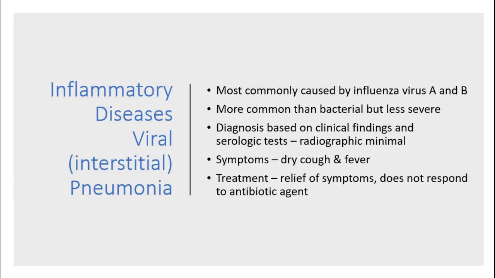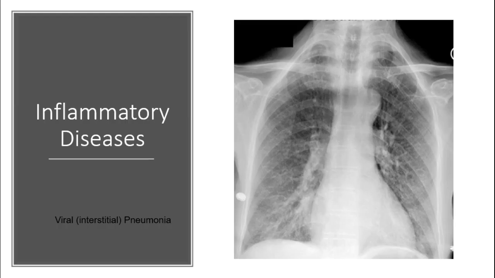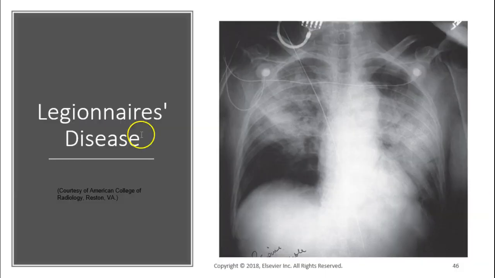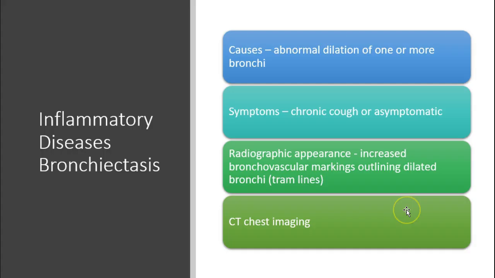So you usually have a dry cough and a fever, so we just relieve the symptoms, as it doesn't respond to any antibiotic treatments. All right, and this is what your viral pneumonia looks like. So just markings throughout. You don't have nice black lungs. All right, so you can see you have upper lobe here, right upper lobe. That's not good. Legionnaires, you can see another picture of Legionnaires.